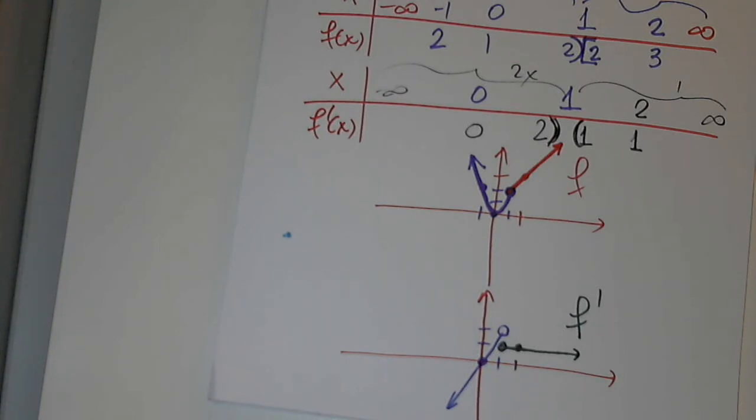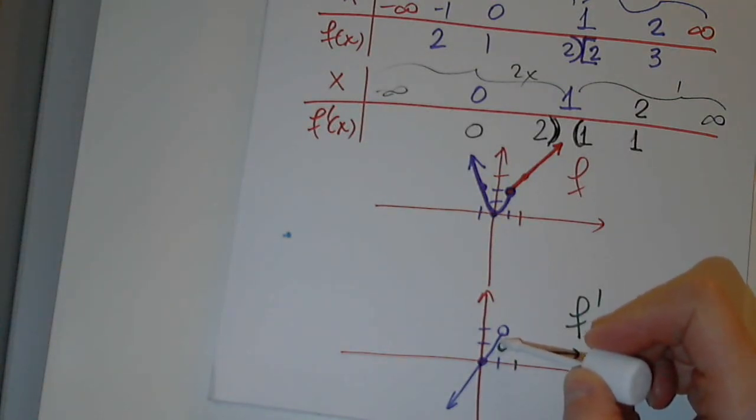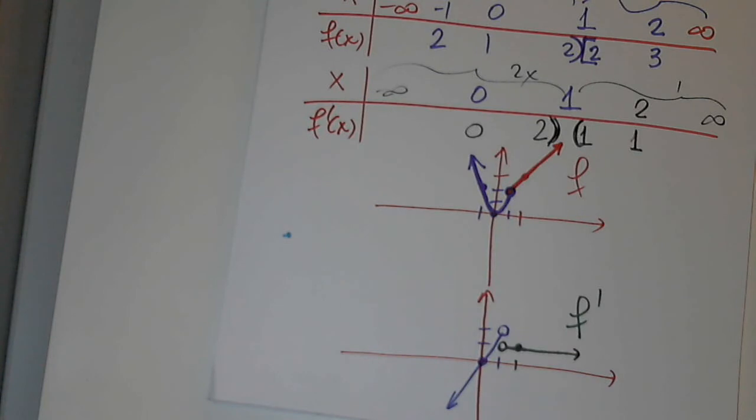And now let's analyze. Does f prime, which is a limit, this is also open, both of them are open, but it's not very clear. So remember, f prime is a limit. Okay, so does f prime exist at 1?